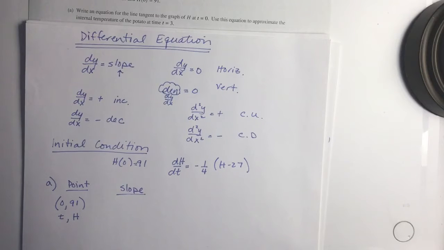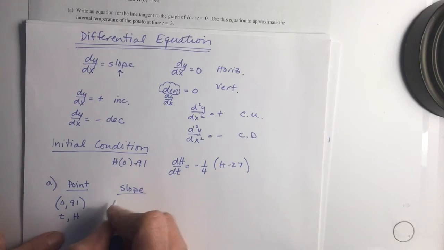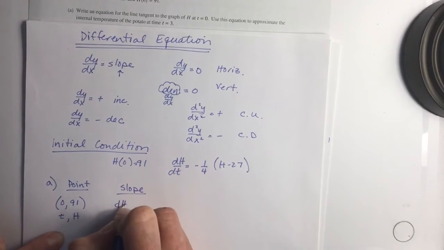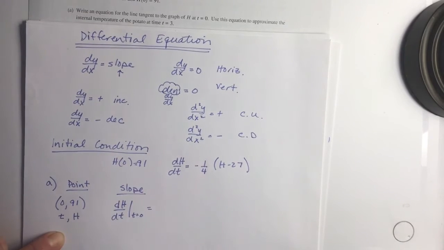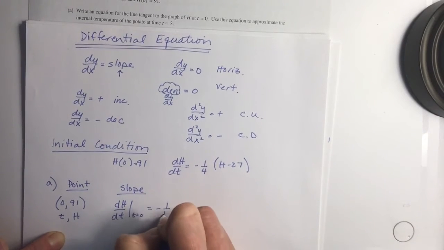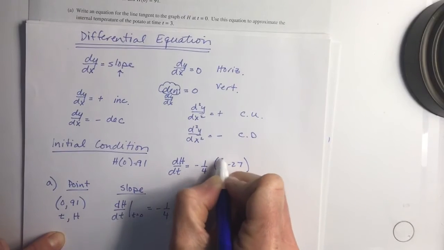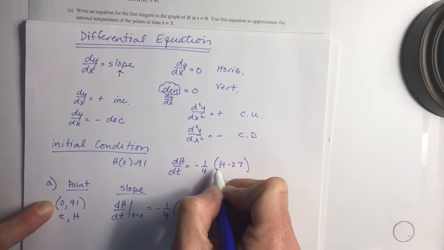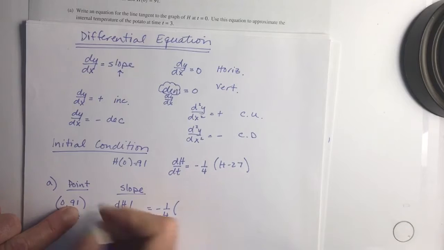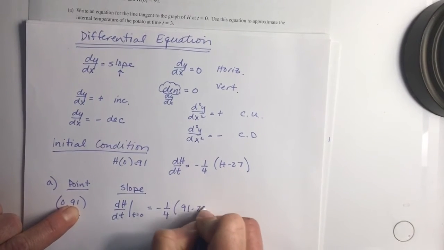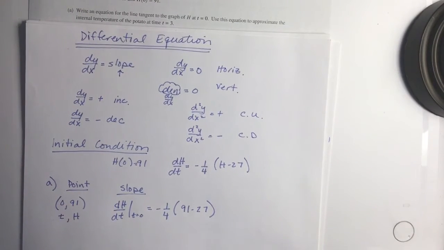And then the slope is what at t equals 0? We've got to do dH/dt at t equals 0. All right, let's find it. So negative 1/4. Don't put 0 in here. At t equals 0, H is 91, so we're going to put in 91. And 91 minus 27, let's see, 90 minus 30 is 60, so 64.